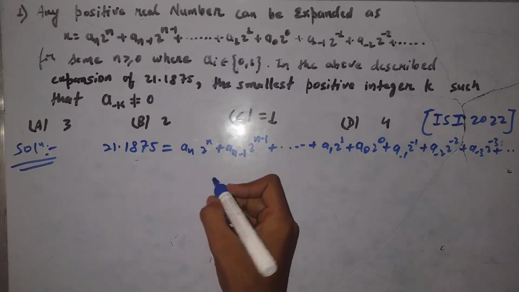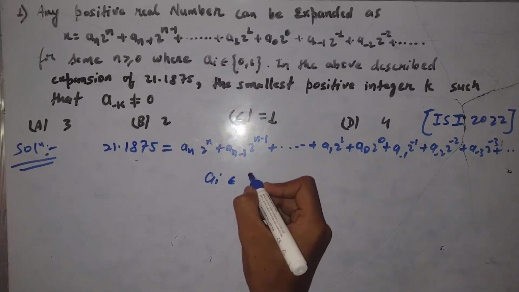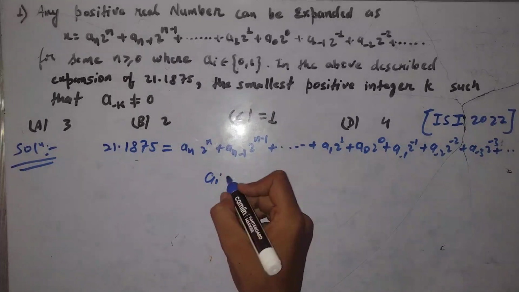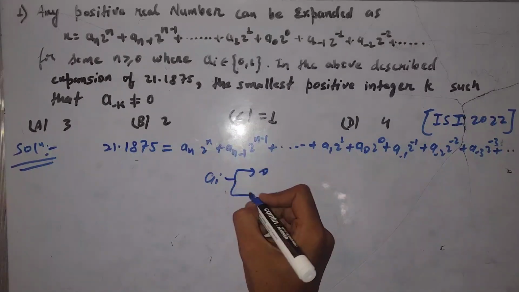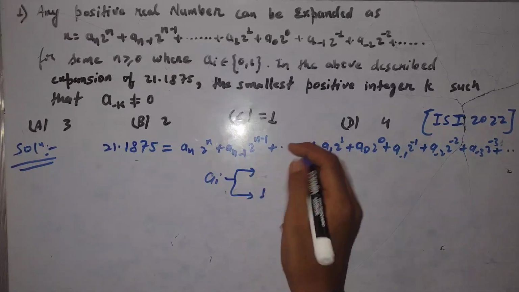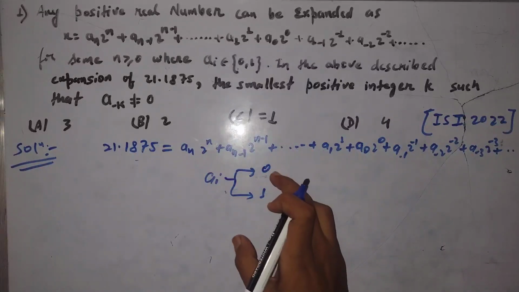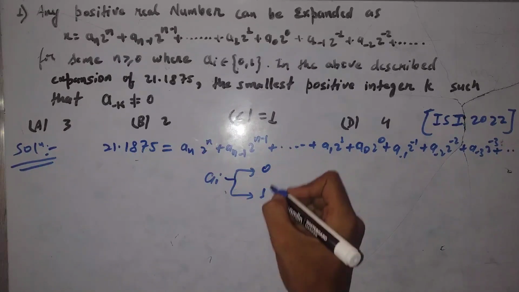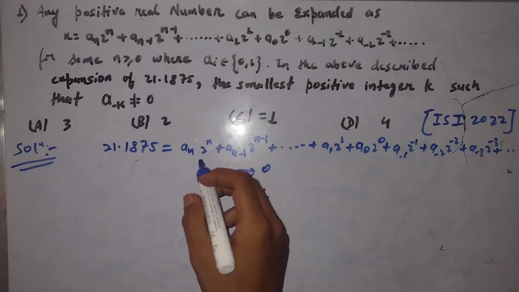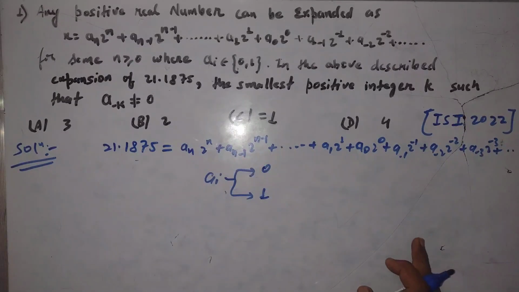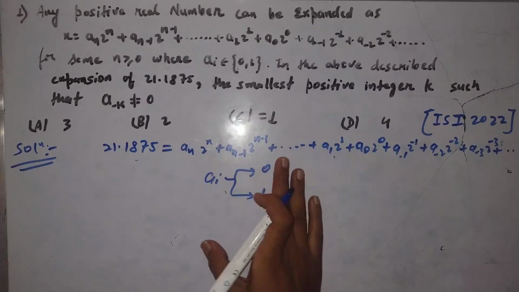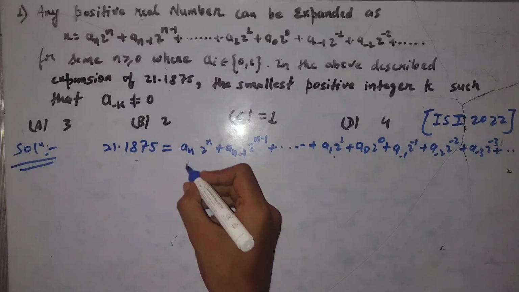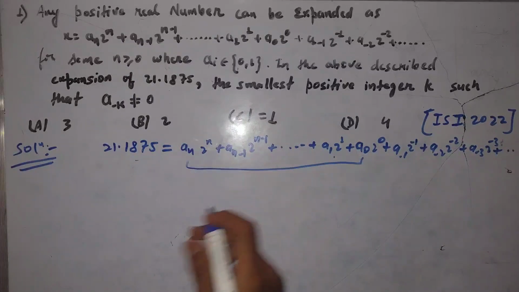So we know that each a_i is either 0 or 1, and because these are integers, and 2 to the power n, where n is an integer, will always be an integer, the terms till here will give us the integral part.